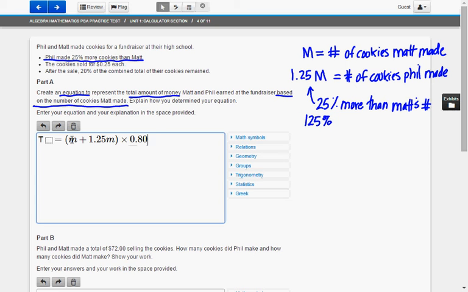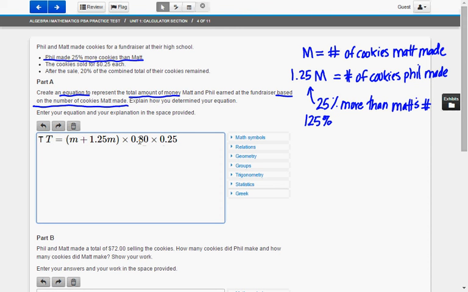And that will represent how many cookies they sold, and then each of those cookies that they sold, I hit the asterisk button, times, let's see, 25 cents each, so 0.25. So this is the equation.